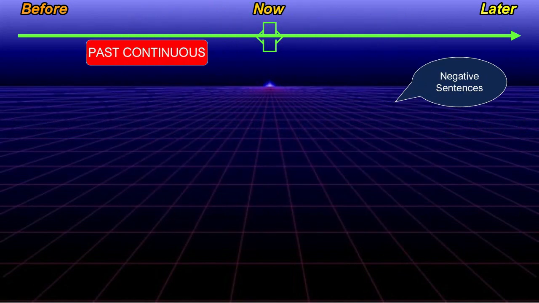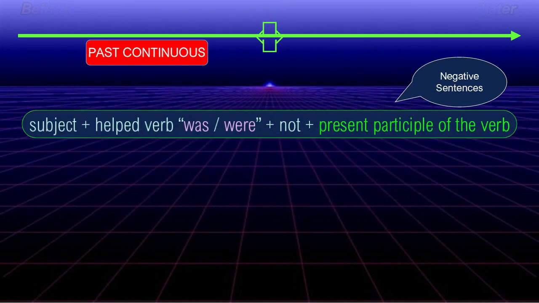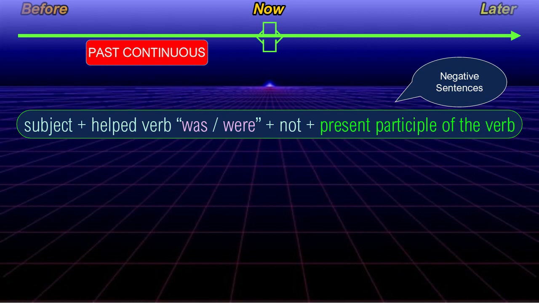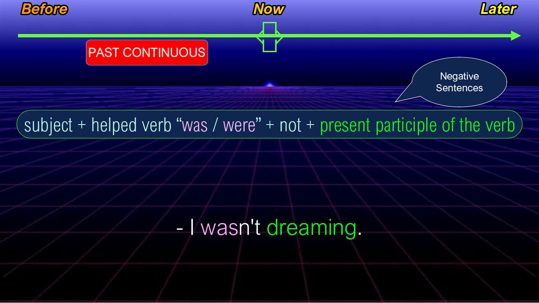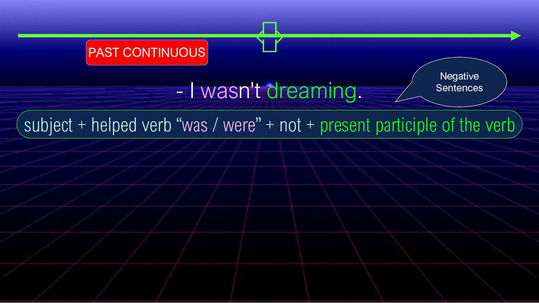The structure of the past continuous in negative form is subject plus helping verb was, were, plus not, plus present participle of the verb. The same form as the affirmative, we have just to add not. I wasn't dreaming.